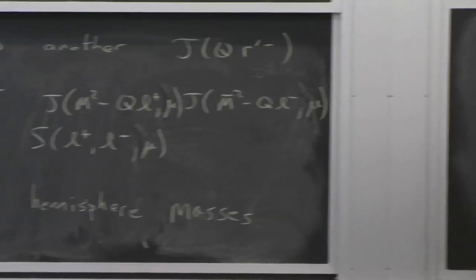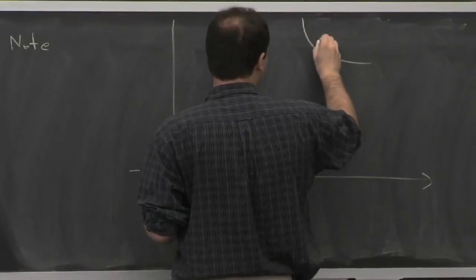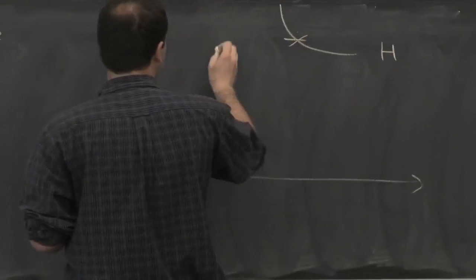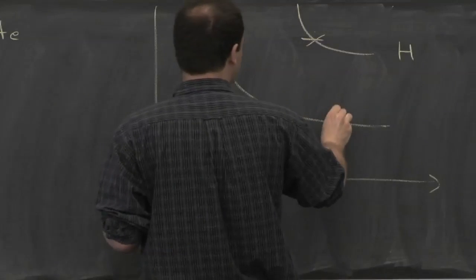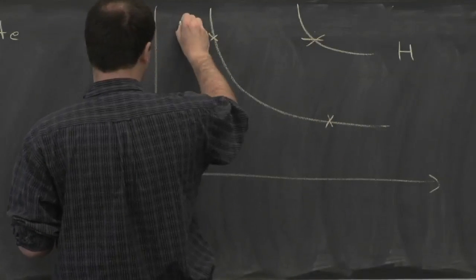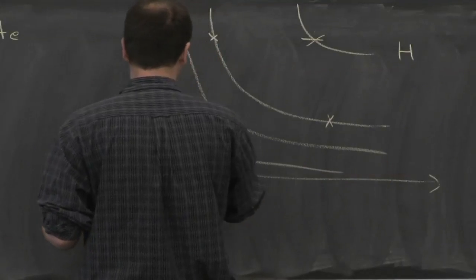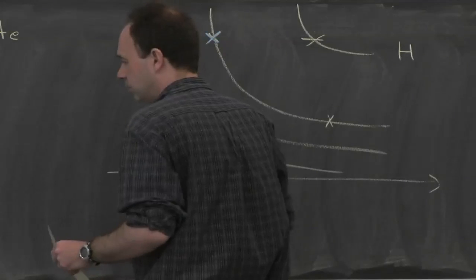Now if we draw our scale diagram again, but draw it a little bigger this time, and put in where these various functions are. So somebody was blue.